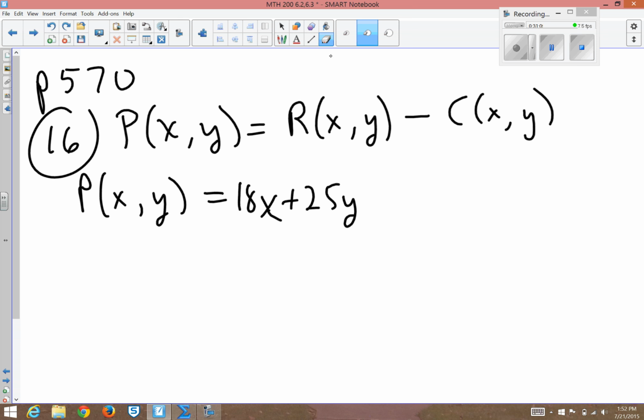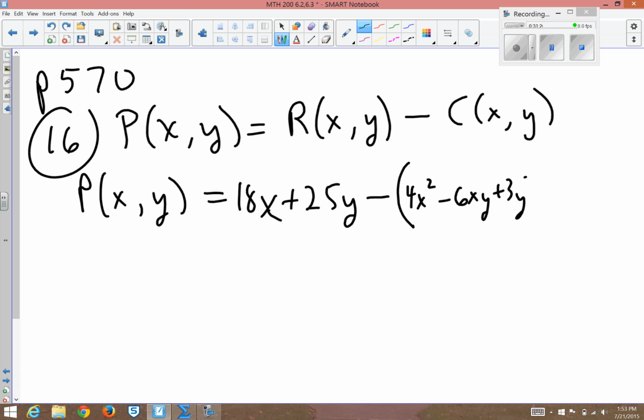Then minus, here's a minus. I'm going to put the cost in parentheses. The cost is given. It's 4x squared minus 6xy plus 3y squared plus 20x plus 19y minus 12. Can I fit all of this? Barely. So revenue is given in the problem.